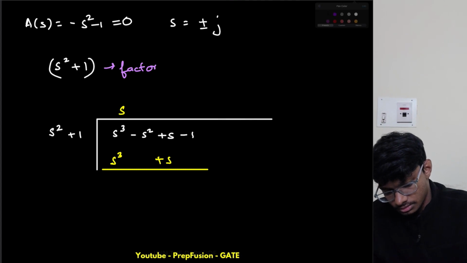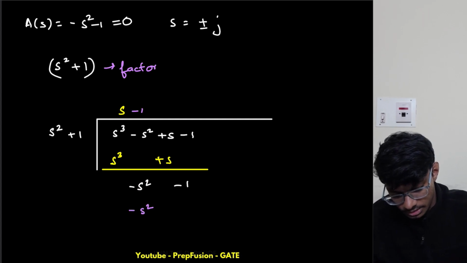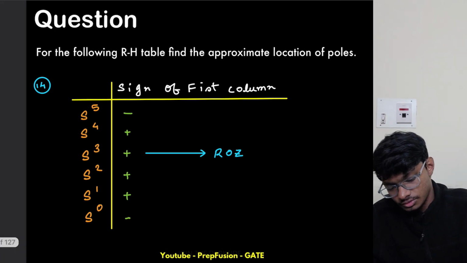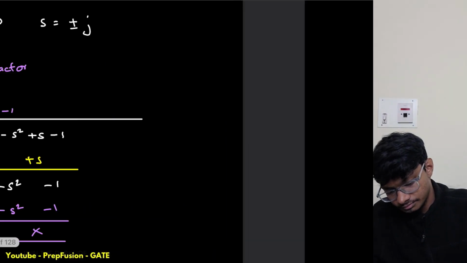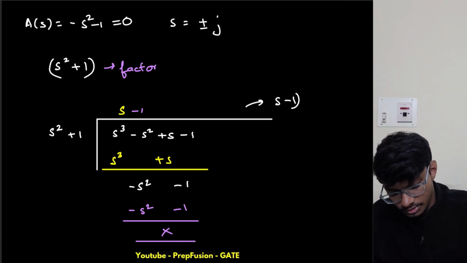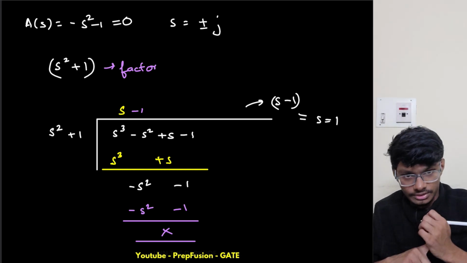This gets subtracted over here, so I am left with minus s square minus 1. Now if I multiply with minus 1 I get minus s square minus 1, which becomes 0 itself. So if this becomes 0, what do I get? Basically s minus 1 is a factor, so s equals 1 itself, right?